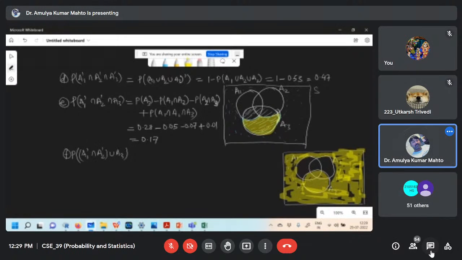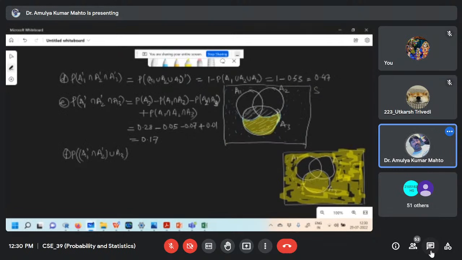Got it? So how to write this? You can rewrite it as, suppose we take A1 dash, A2 dash and A3 dash, the intersection of all three: complement of A1 dash, intersection complement of A2 dash, intersection complement of A3 dash.